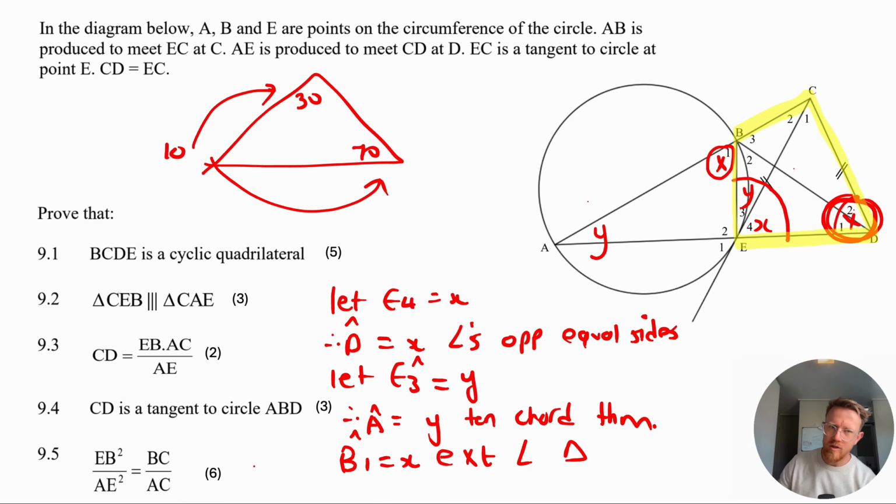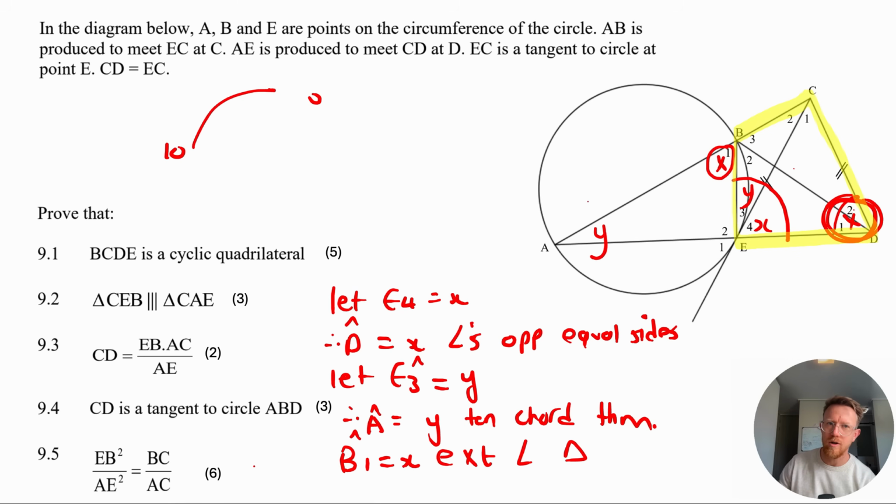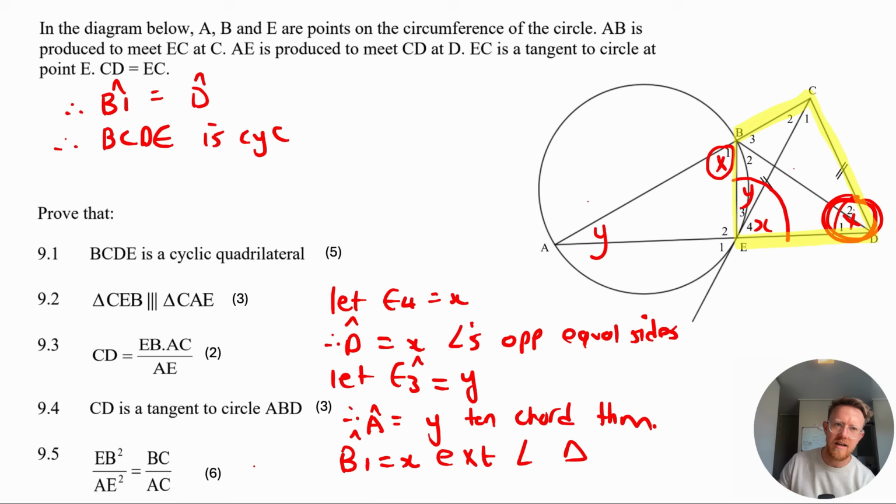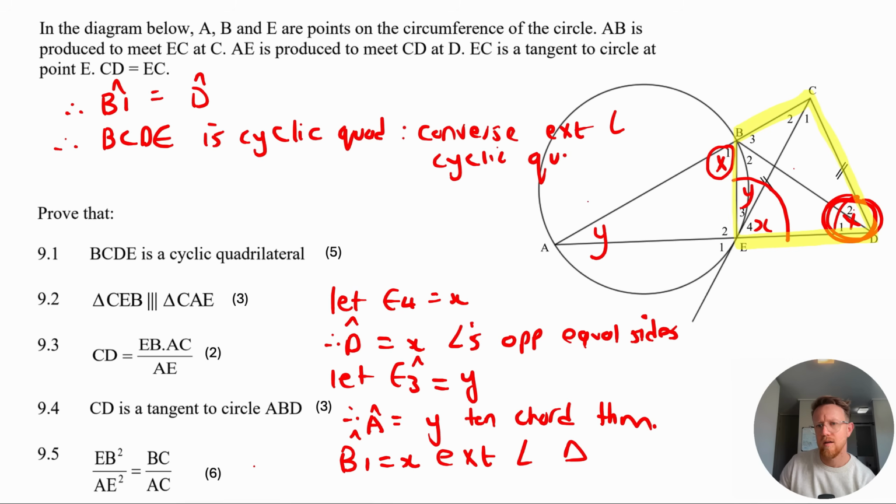And because of that, it must be a cyclic quad. So we can say, therefore, angle B1 is the same as angle D. And then we can say, therefore, BCDE is a cyclic quad, and that's just because of converse exterior angle cyclic quad.